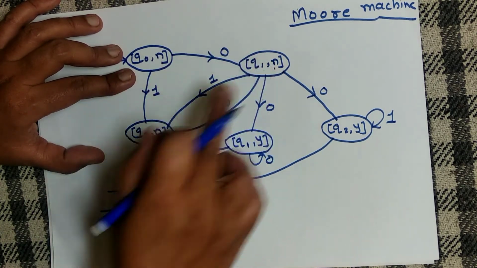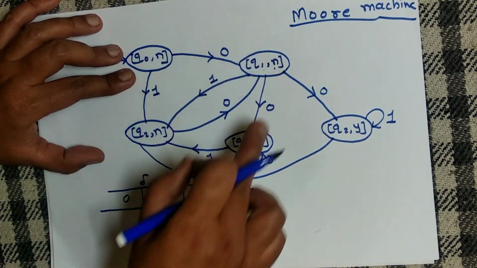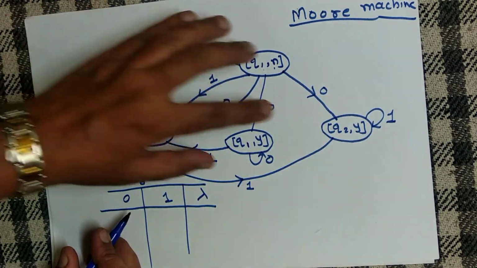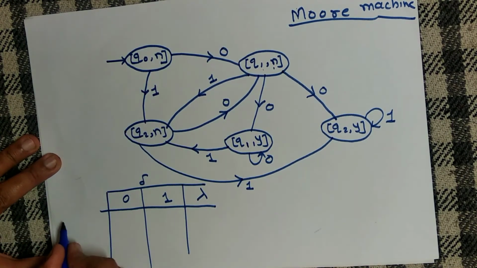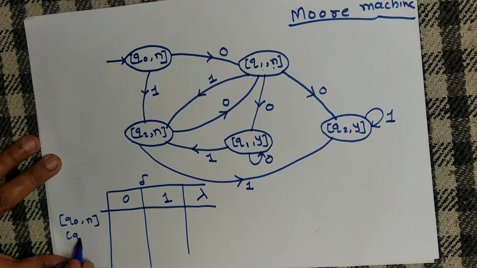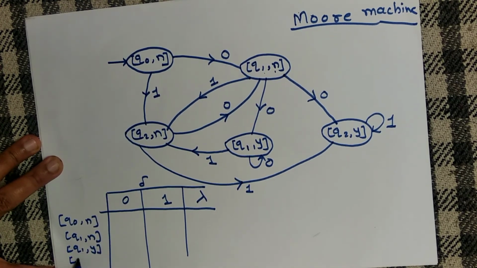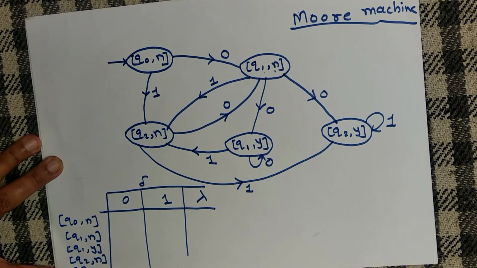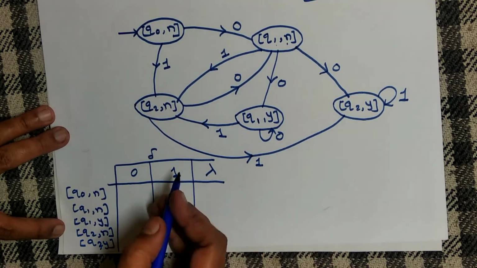Q0, Q1, Q2, Q1y, Q2y. Okay, 1, 2, 3, 4, 5 states. Write down these states here only: Q0n, Q1n, Q1y, Q2n and Q2y.